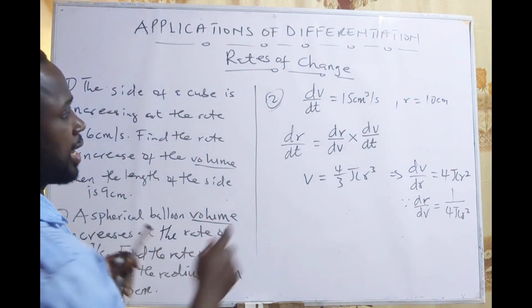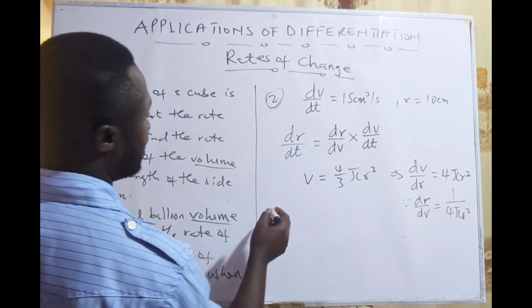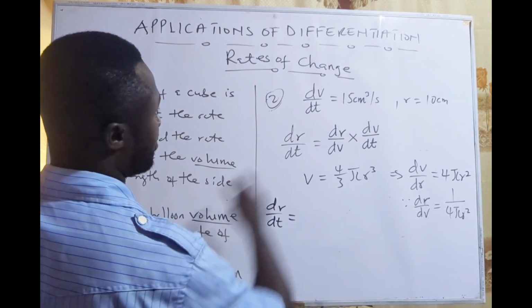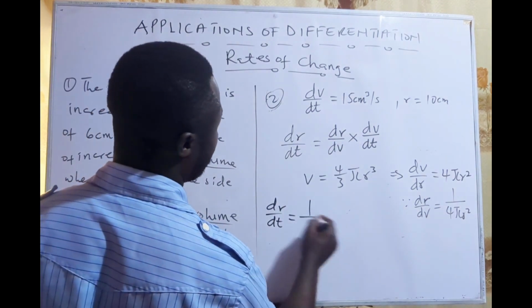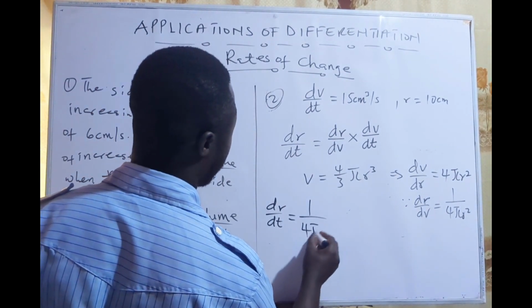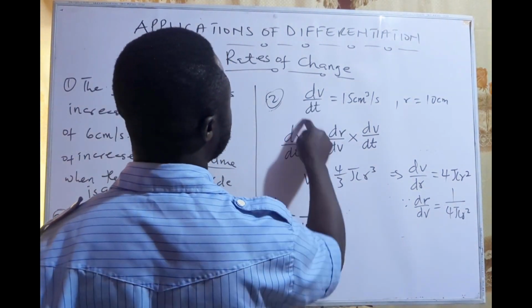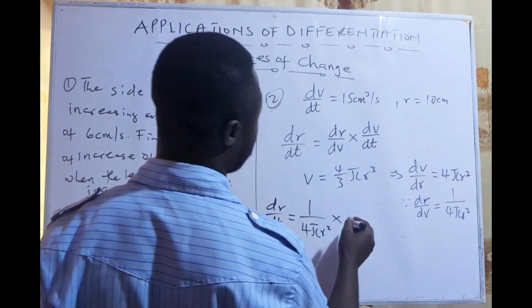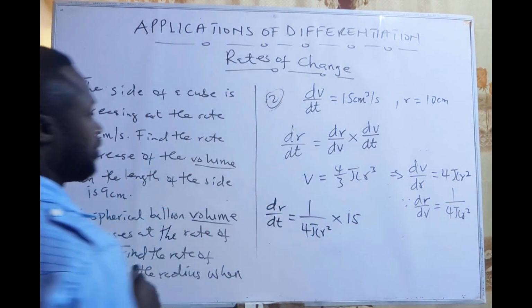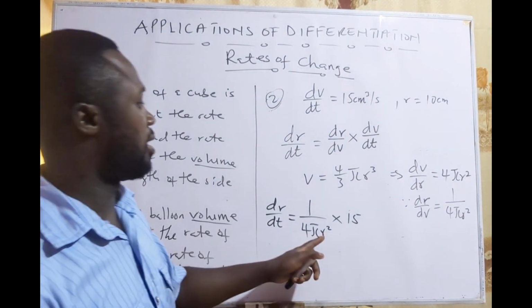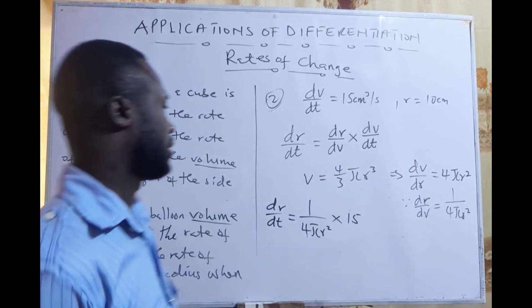So here I can now find my dr/dt. dr/dt will be equal to dr/dV, which is 1/(4 pi r squared), times dV/dt. dV/dt is 15. I'm given r as 10.